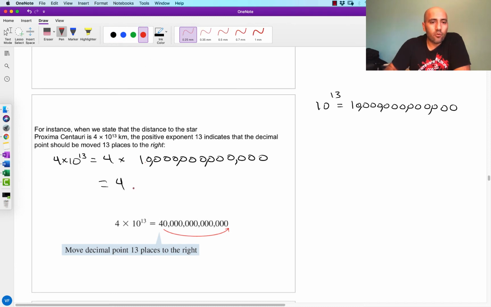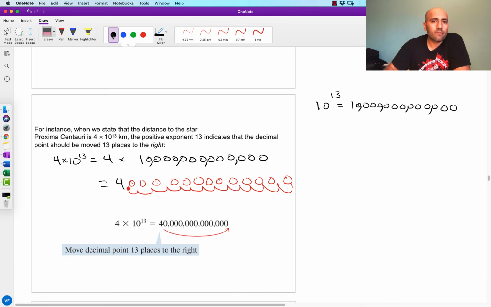Here is the 4 times, and then this is the one we're going to move over 13 spaces, which means we introduce 13 zeros. 1, 2, 3, 4, 5, 6, 7, 8, 9, 10, 11, 12, 13. And so that's how we end up with this. Okay, so move the decimal to the right.